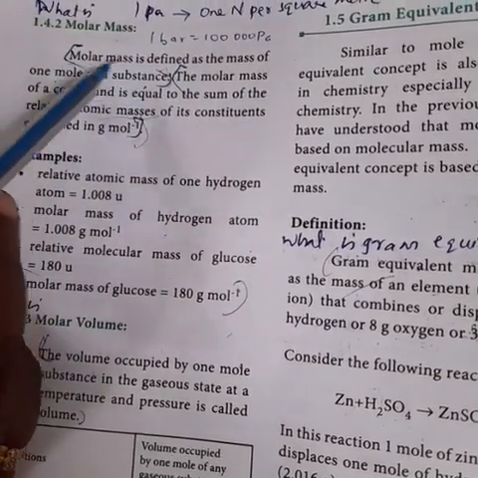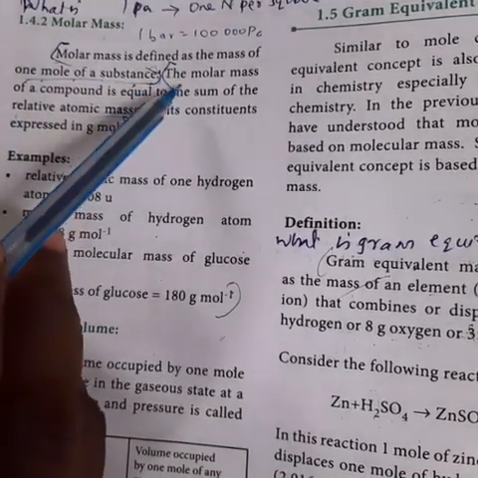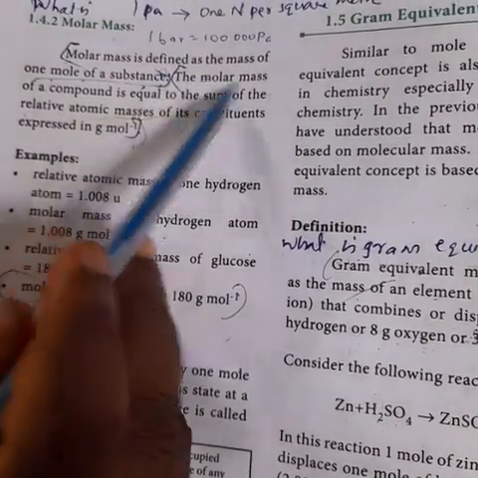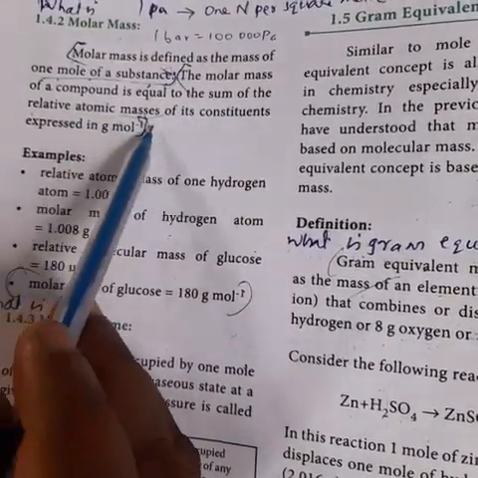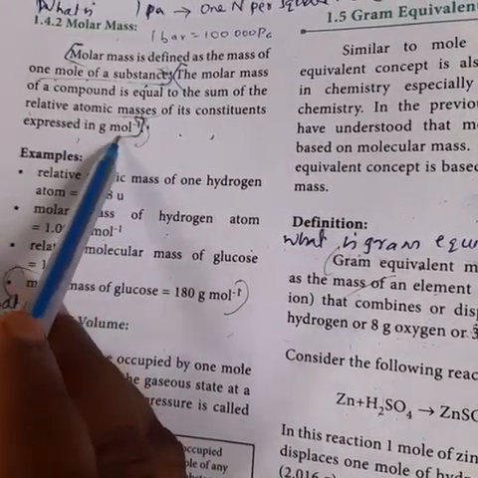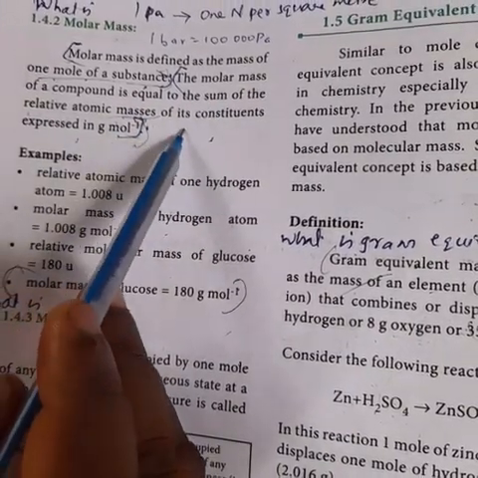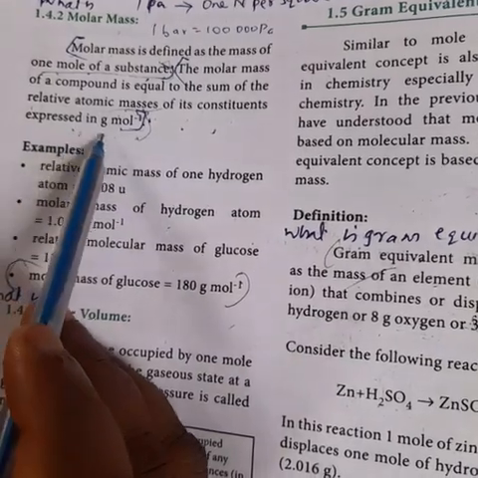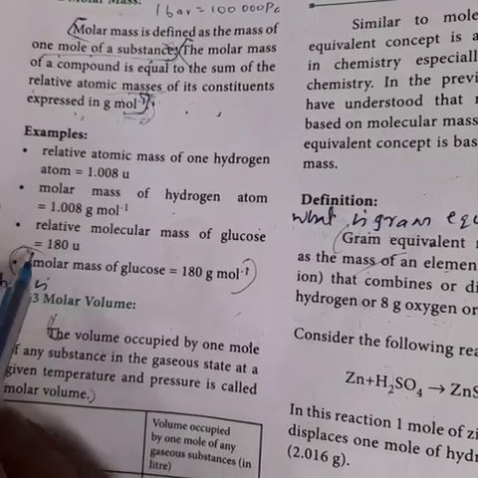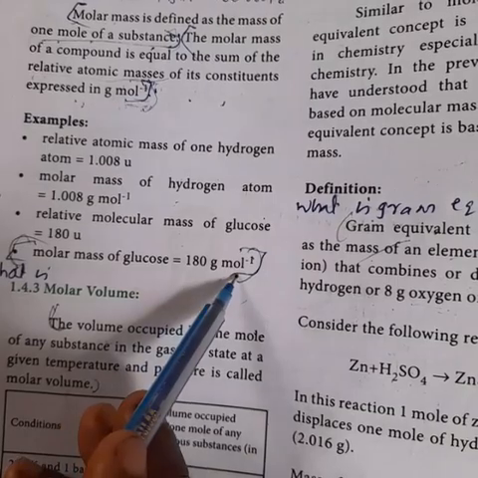The molar mass of a compound is equal to the sum of the relative atomic masses of its constituents expressed in gram per mole. Up to here, I have to mark. For example, the molar mass of glucose is equal to 180 gram per mole.